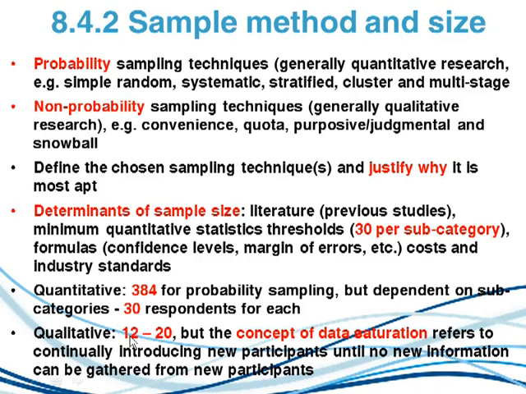Qualitative is generally 12 to 20, or 10 to 20, but the concept of saturation applies. So this states that after each new participant you've interviewed, do they provide new information? When you reach the point where they don't provide any new information, this is where you stop.